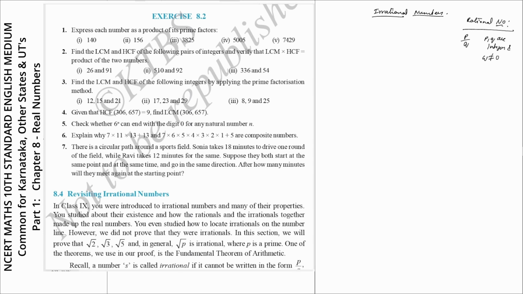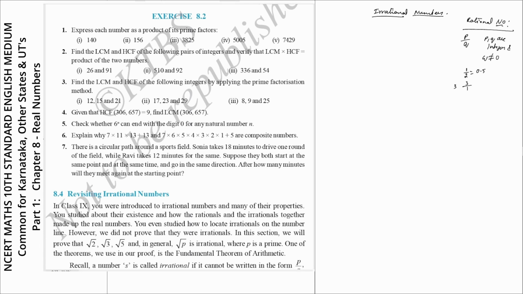For example, 1 by 2. 1 by 2 is a rational number because 1 is an integer, 2 is an integer. And if you take the decimal equivalent of this, you will get 0.5. Now 3 is a rational number, because 3 I can write as 3 by 1.